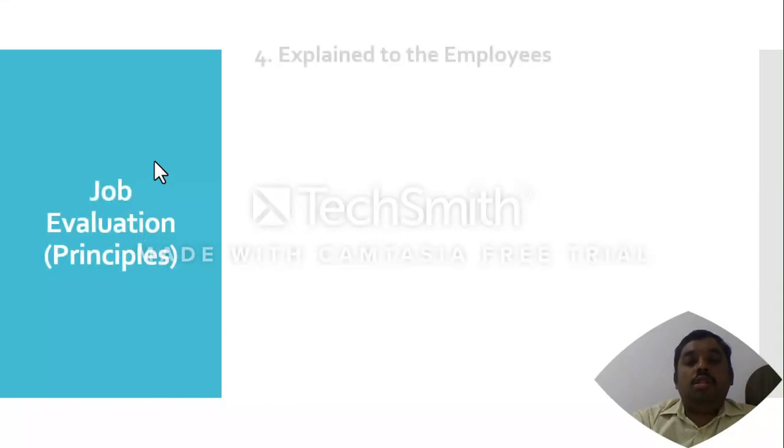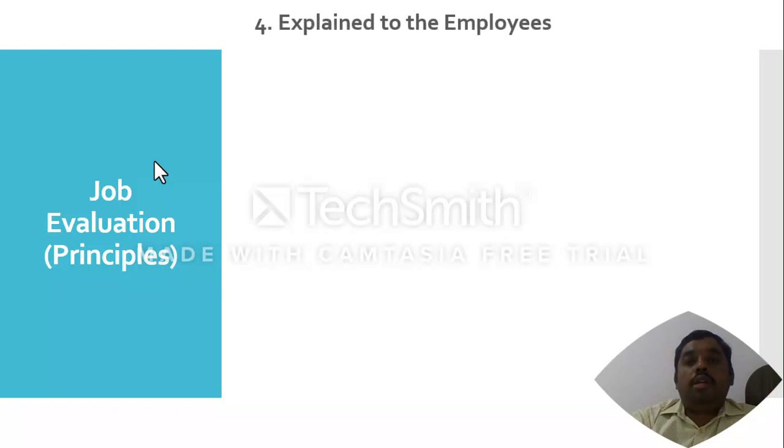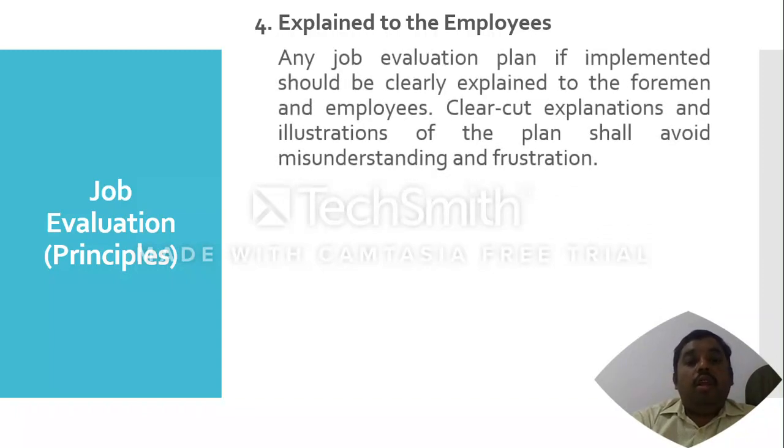And next it says all about explaining to the employees. You should explain the job requirements to the employees in detail and in a clear, brief way, so that they can understand clearly what is required from that employee. So they say any job evaluation plan that is implemented should be clearly explained to the foreman and employees.